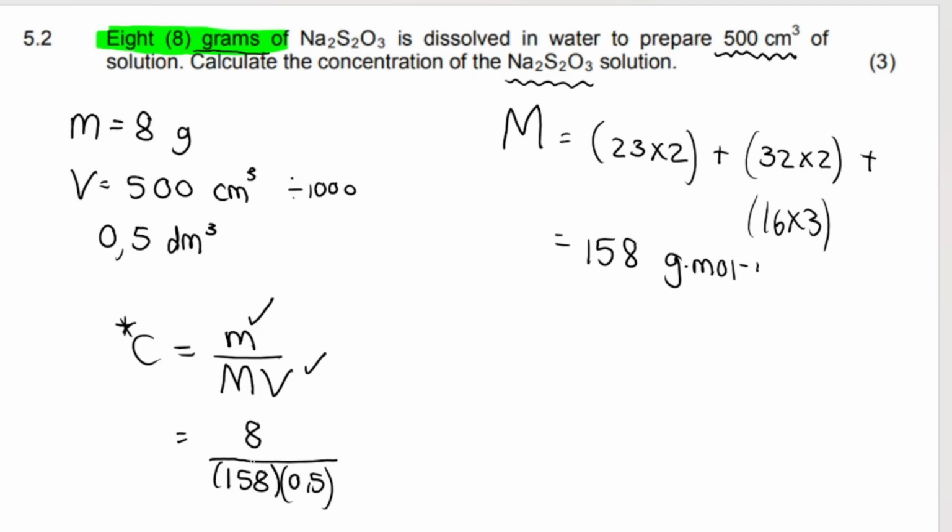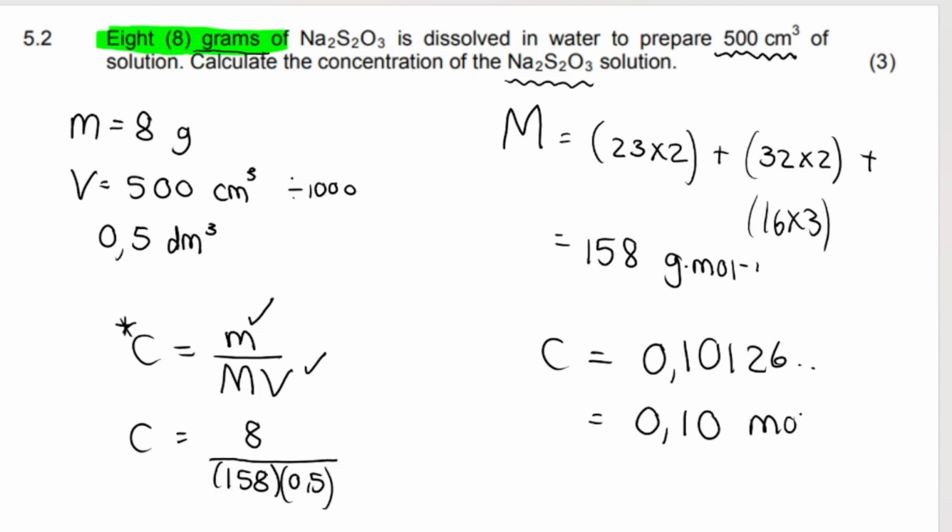So it's 8 divided by this product over here, and that gets us our concentration as being 0.10126, and so on. So this is what my calculator is saying to me. The rule in science is that we must round off to at least 2 decimal places. So I'm going to round off to 2 decimal places, so I'm going to get 0.10, and remember your unit, it will be moles per cubic decimeter.